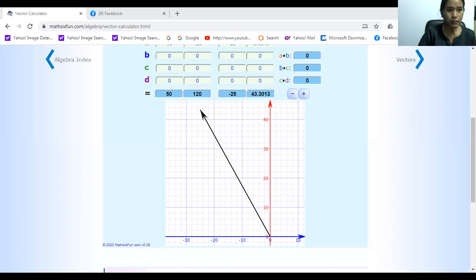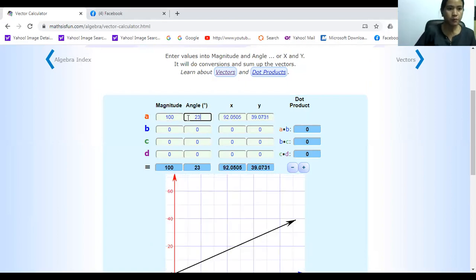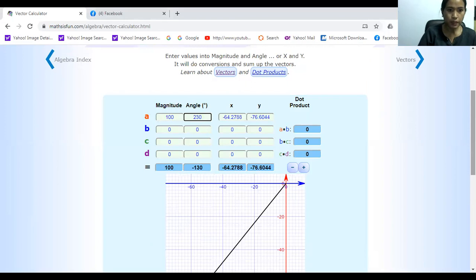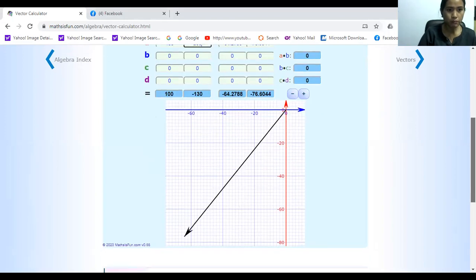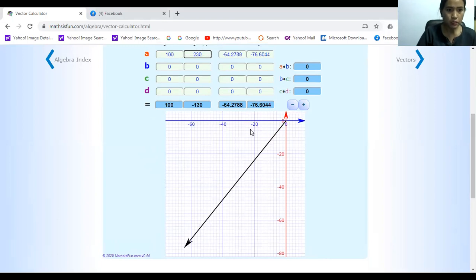Going back to our vector calculator, we change these values to 100 and angle theta, which is 230 degrees. As you can see on screen, the Vector Calculator by Math is Fun has illustrated the orientation of a displacement of 100 miles, 50 degrees south of west.